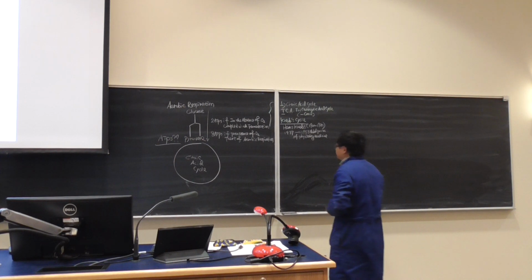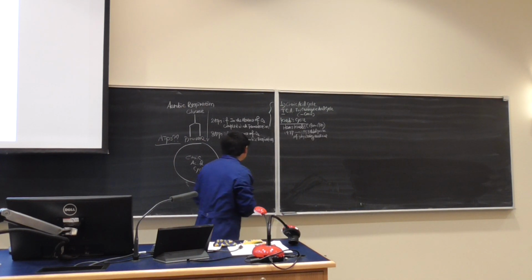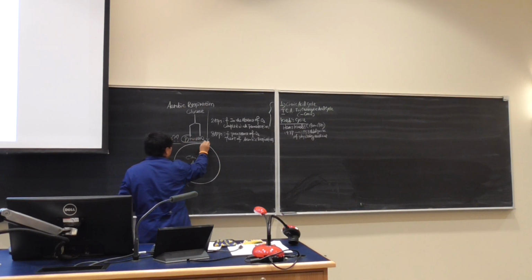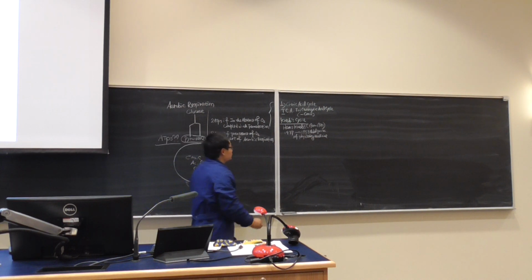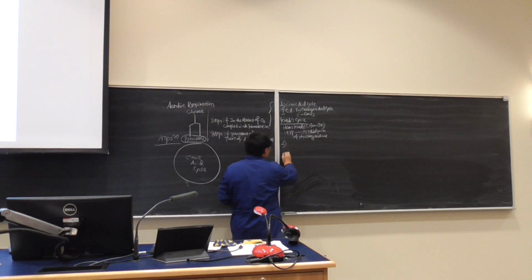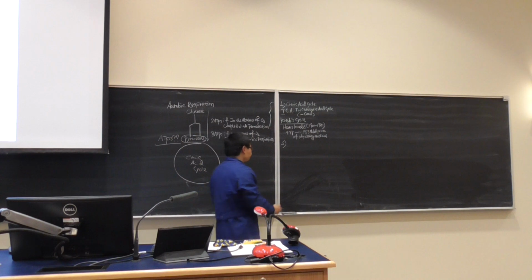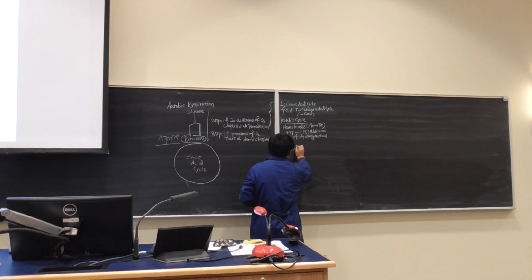Okay, so what is it? This all comes from pyruvate. Start from here. First of all, there is a so-called transition step, which is pyruvate. You need to know the pyruvate structure so far: COOH, CO, it's a ketone, then CH3.